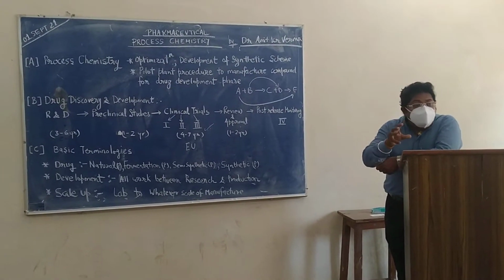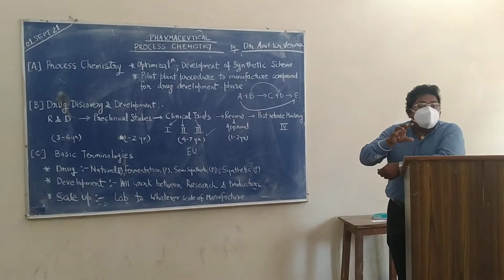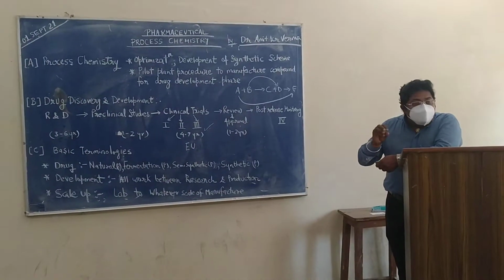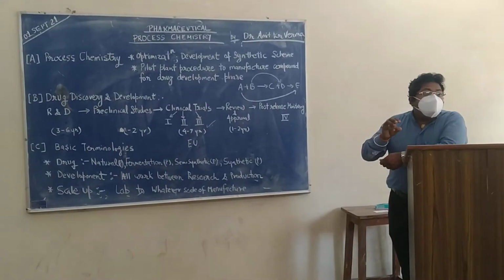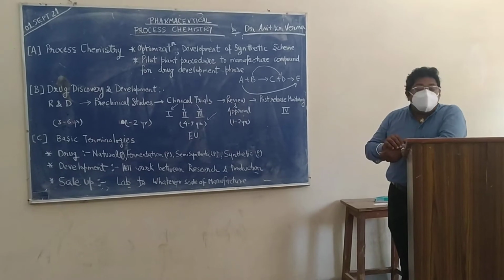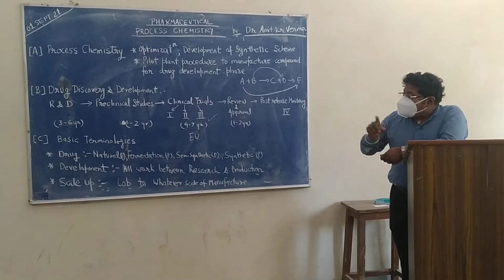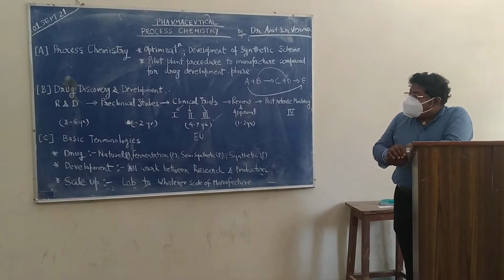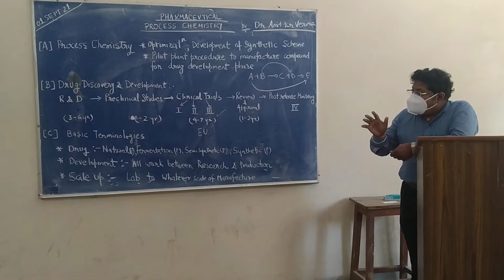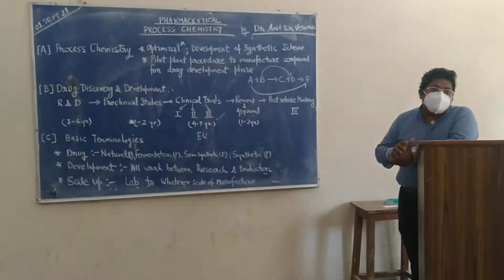And with different administration routes, we are screening the molecule or drug which we found effective in the research and developmental phase. It gets evaluated during the preclinical study, which takes around 1 to 2 years.